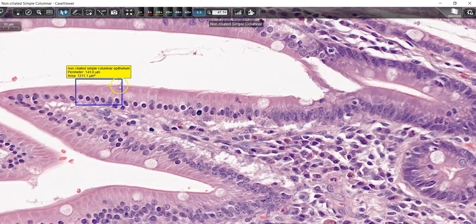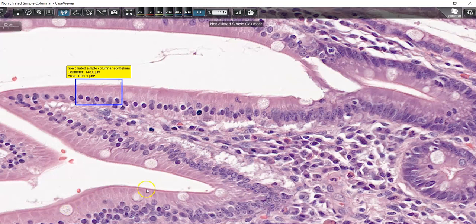Apart from non-ciliated simple columnar epithelium, the epithelial fold of small intestine also consists of goblet cells, which appear intermittently at this epithelial fold.